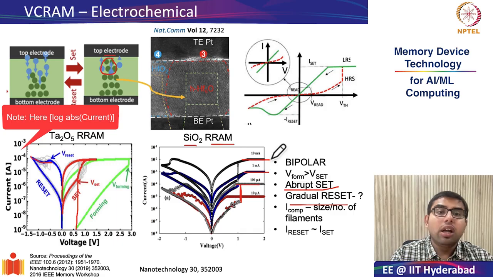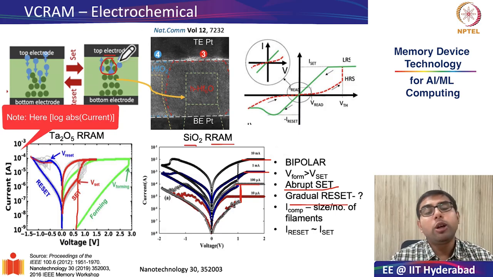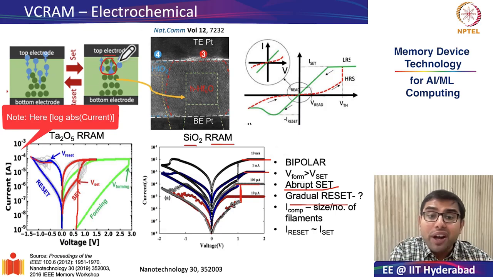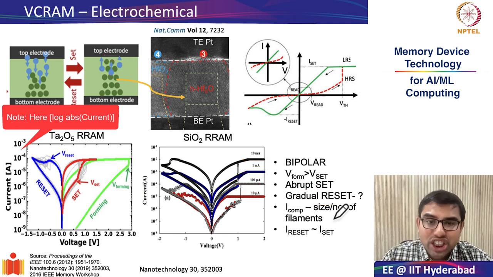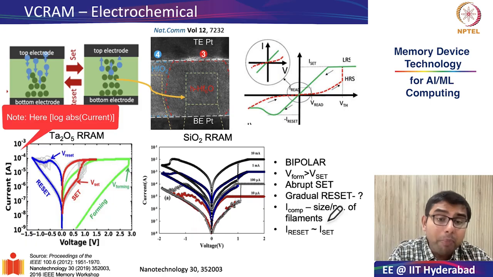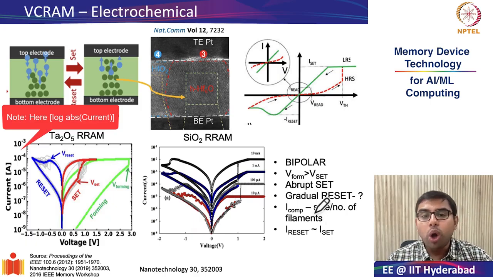By ensuring a compliance current, you can control the size or the number of filaments. In the simplistic picture here, we had shown only one filament, but throughout the area of the top and bottom electrode cross-section there can be one or multiple filaments. So what the compliance current essentially does, apart from ensuring there is no hard dielectric breakdown, is control the size and number of filaments.